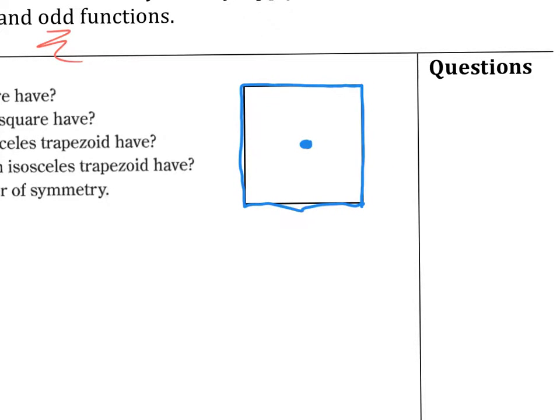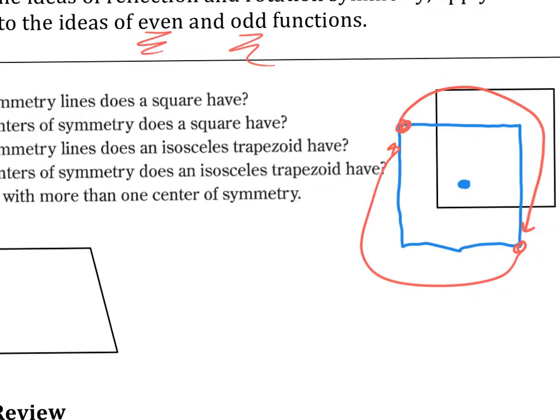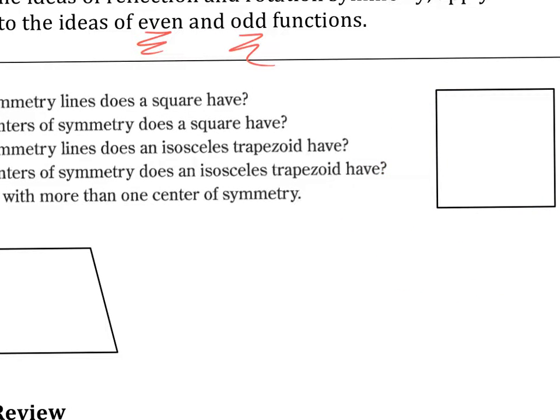So I went 180 degrees around. In other words, this point here maps to this point there, and this point here maps to that point there, etc. And that would be correct. That would be 1 there. So the answer here is 4. This one here is 1.